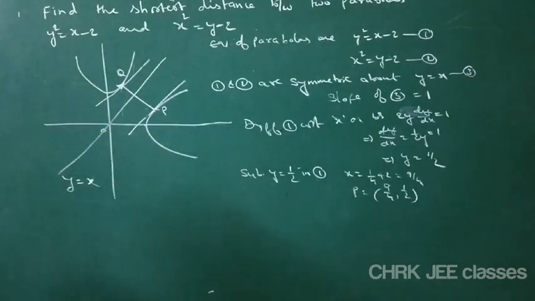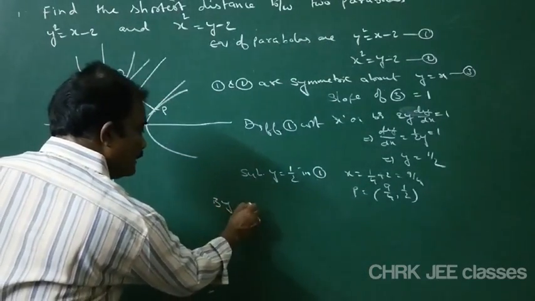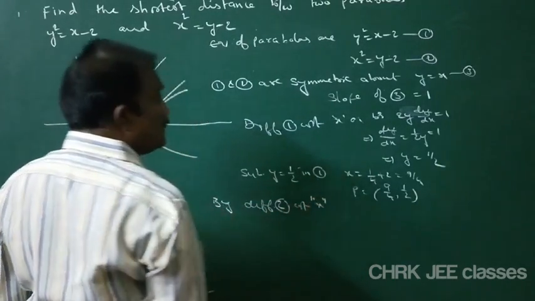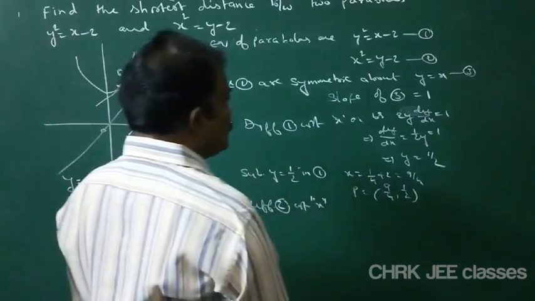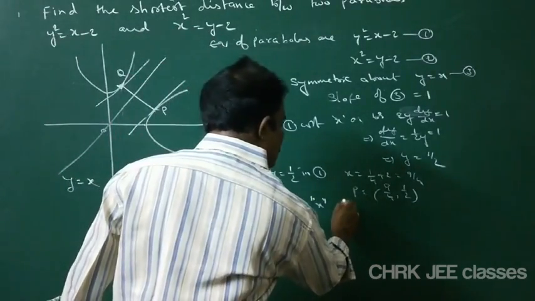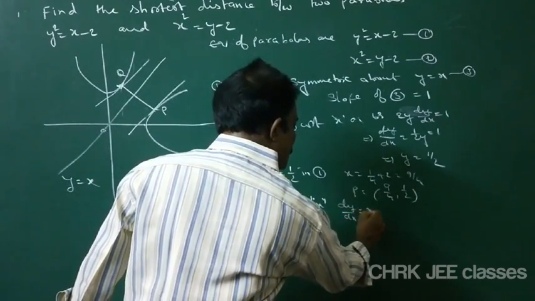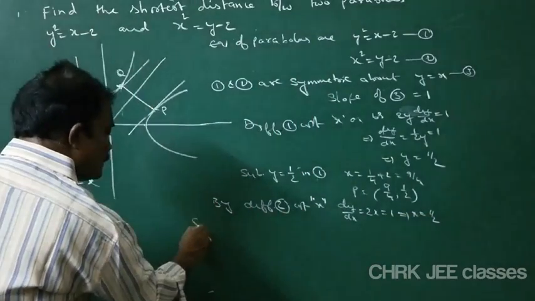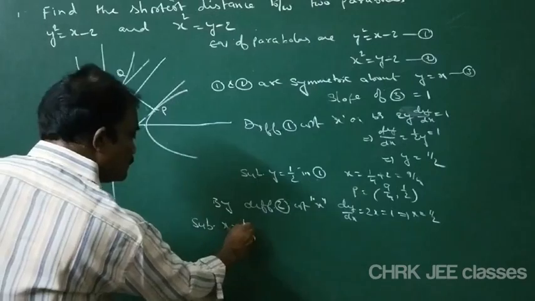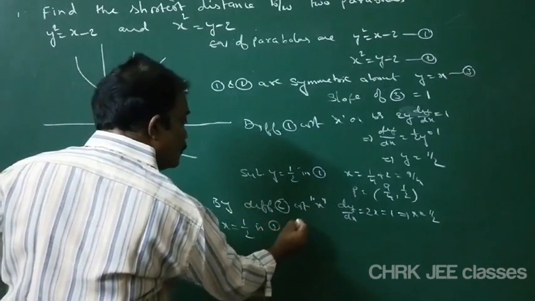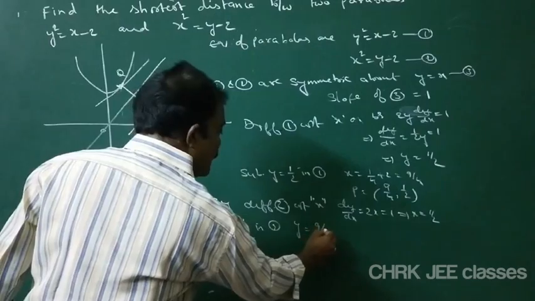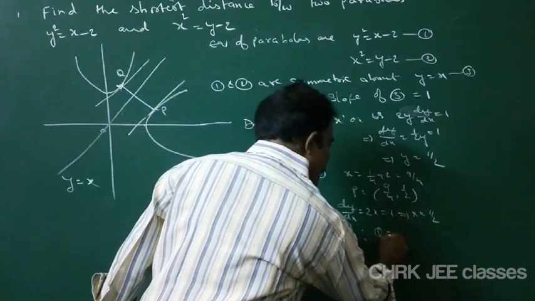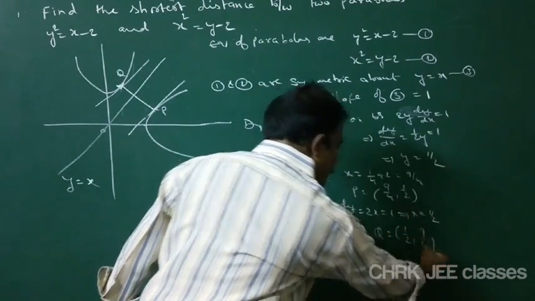Now, by differentiating 2 with respect to x, we get dy by dx equal to 2x, that is equal to 1, so x equal to 1 by 2. By substituting x equal to 1 by 2 into 2, we get y equal to 9 by 4. Therefore, Q equal to (1 by 2, 9 by 4).